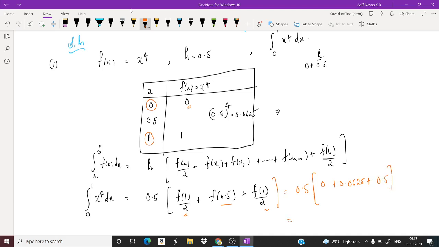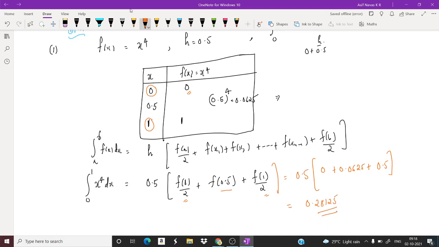If you calculate this, you will get 0.28125. So this is the trapezoidal rule.